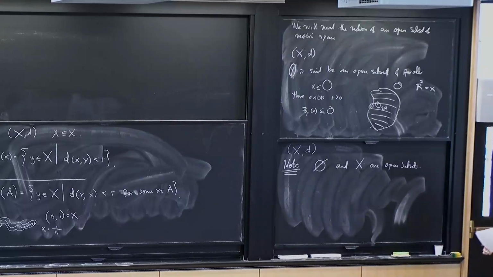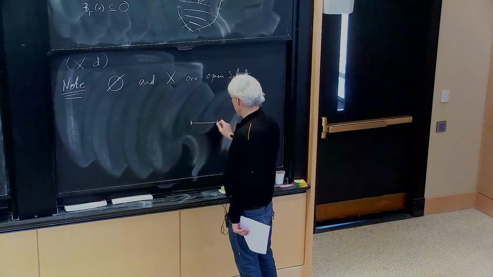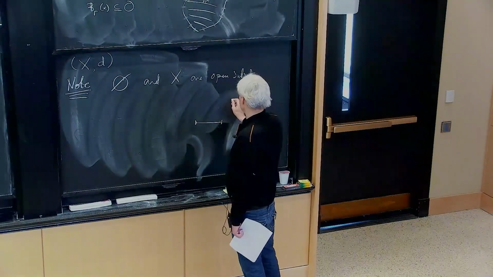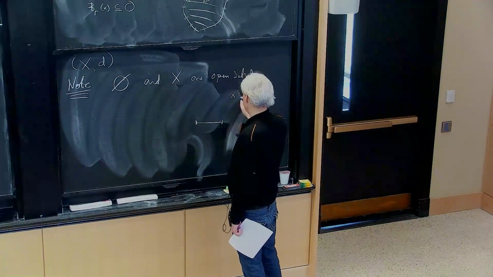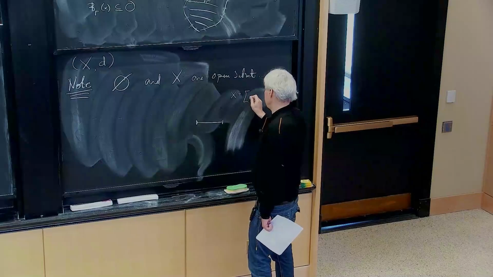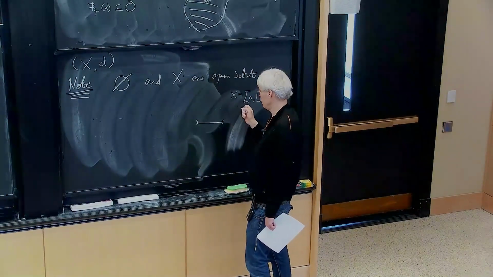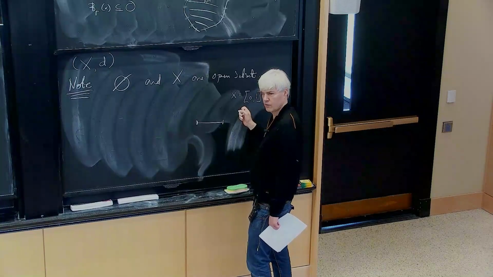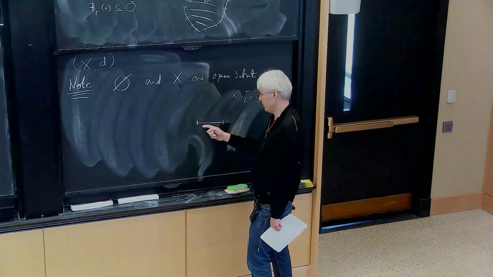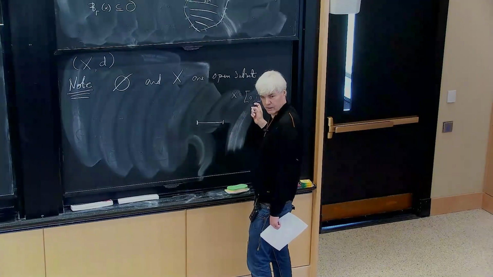Okay, so do note that, right? So in particular, if X here was not the whole real line, but it was just an interval from 0 to 1, and then the distance between elements was the usual distance, then actually even the closed interval, which is the whole set, would be open, right?